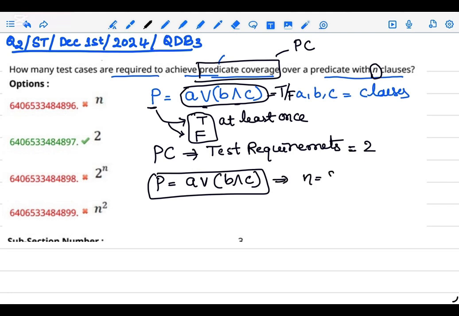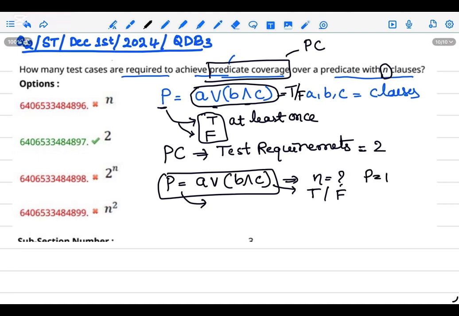Finally, the entire logical expression must be true or false, at least once true or at least once false. So predicate P equals true, 1 test case, and predicate P equals false, 1 test case. For this question the answer is 2 test cases.